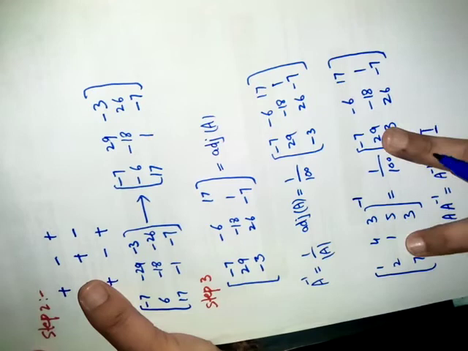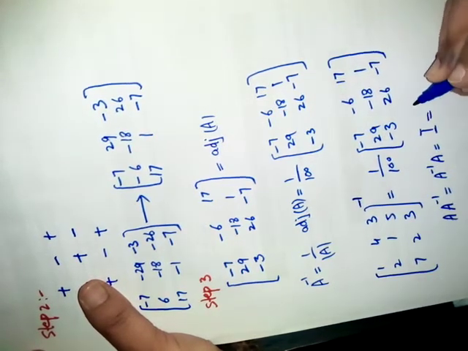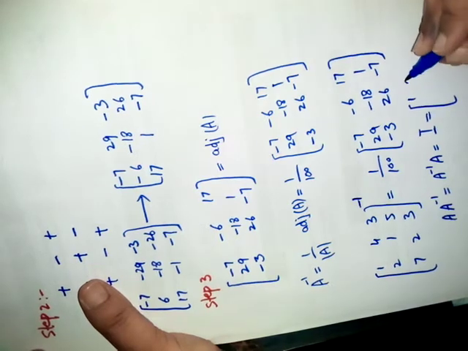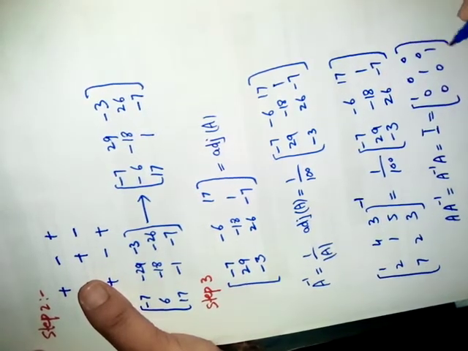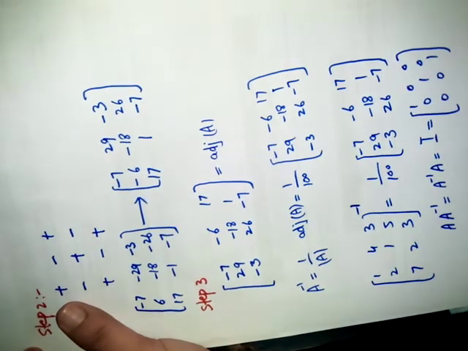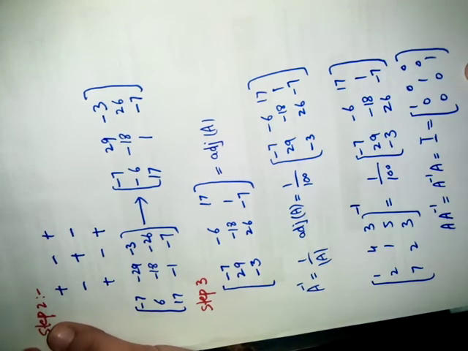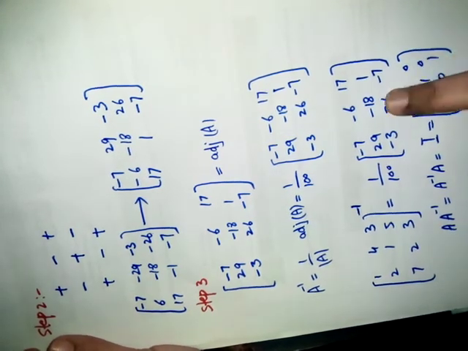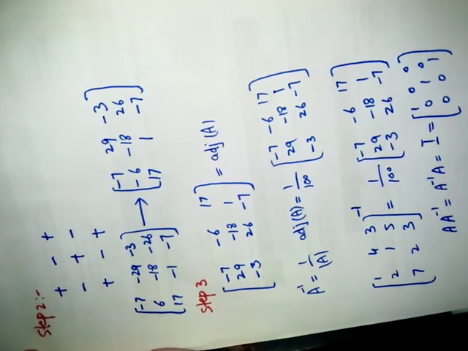If you multiply these two matrices, then the answer will be 1 0 0, 0 1 0, 0 0 1. If the answer is this, then our solution is right. If we do not get this answer by multiplying this matrix and its inverse, then it means there is some problem in our solution. Thank you.